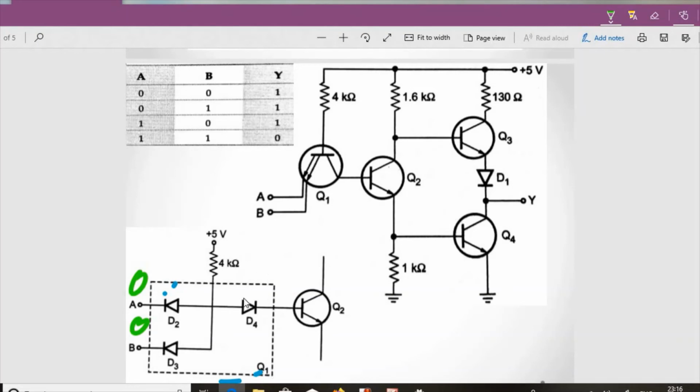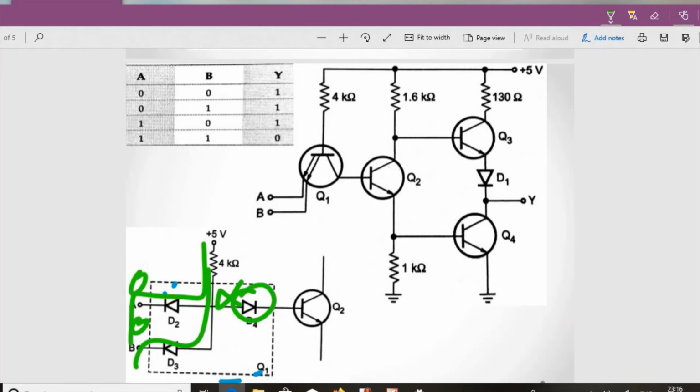And what will happen, when the current flows out here, the entire current will be flowing out here because it is a forward bias condition. So technically nothing will actually flow through this, and this diode will not be working as a closed switch.